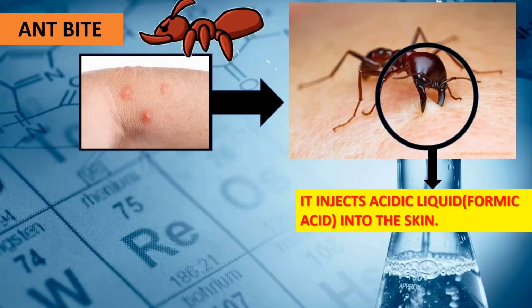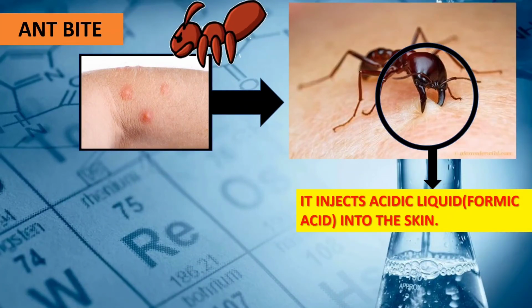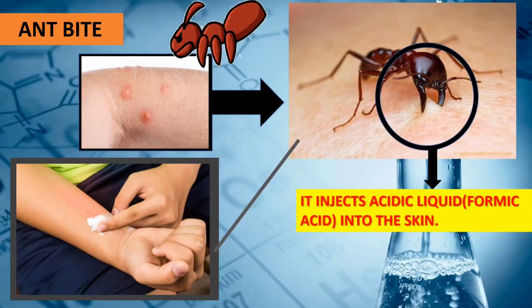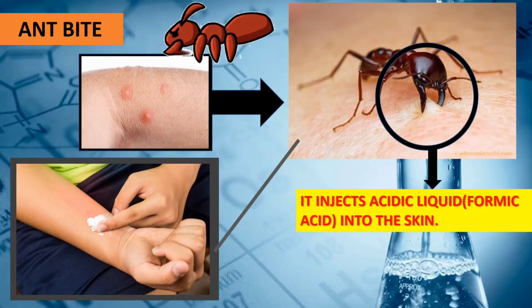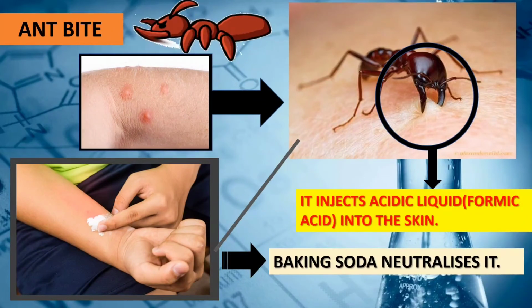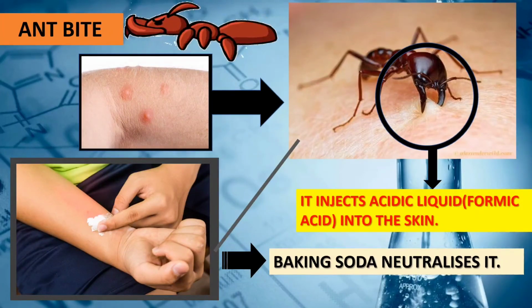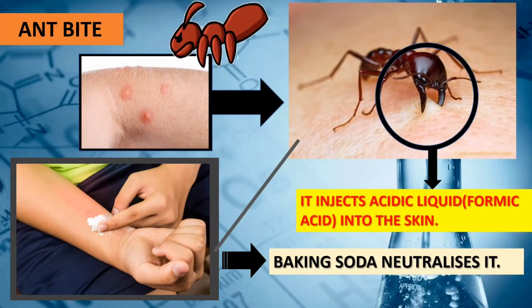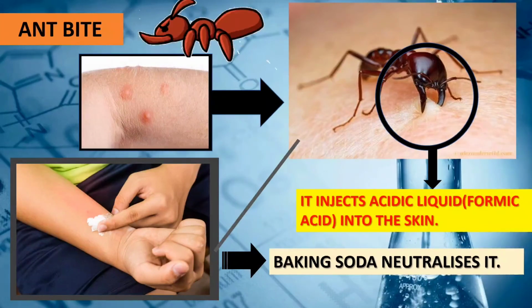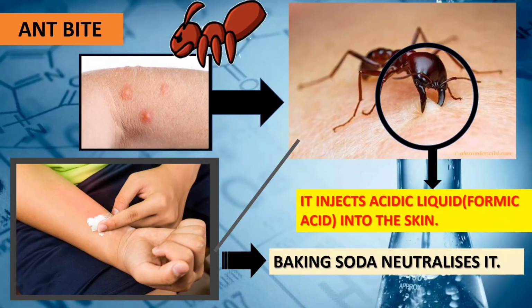Now how is neutralization applied over here? We rub baking soda on the area where the ant has bitten. By rubbing this, the baking soda is going to neutralize the effect of formic acid on the skin, given by the bite of the ant.